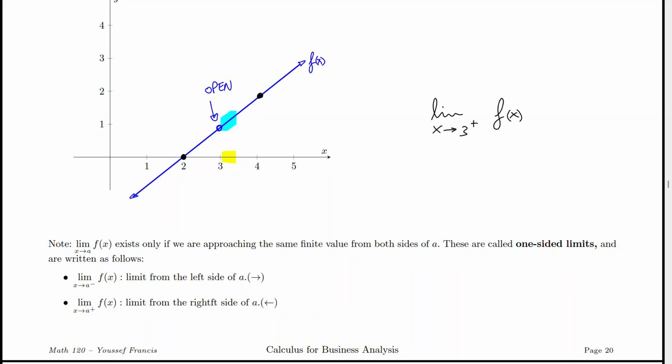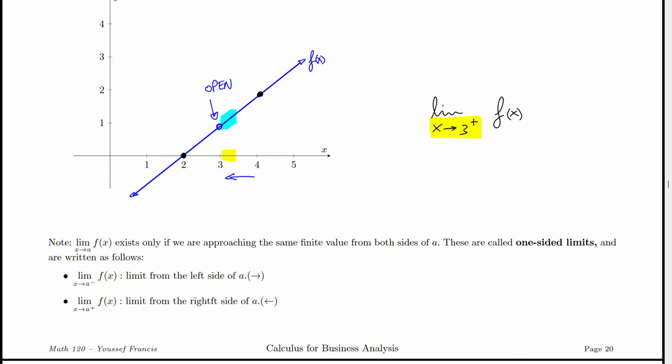So what does this notation mean? What does it mean to write 3 with the little power, the plus power? It means I want you to walk from the right side of the graph towards 3. So walk from the right to the left. Don't touch 3 itself. Tell me what the y-coordinates are going to be.